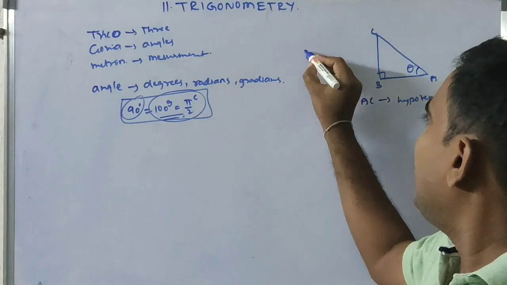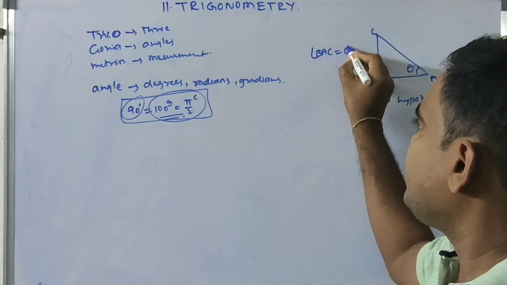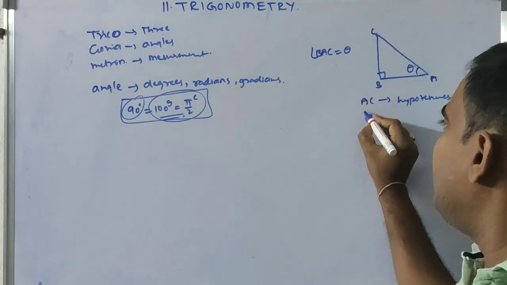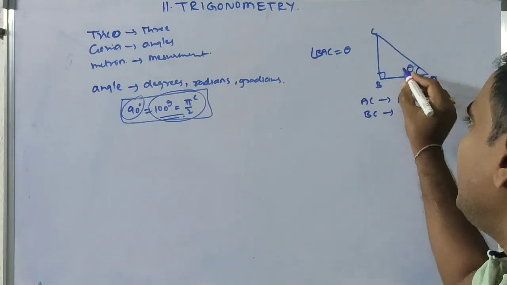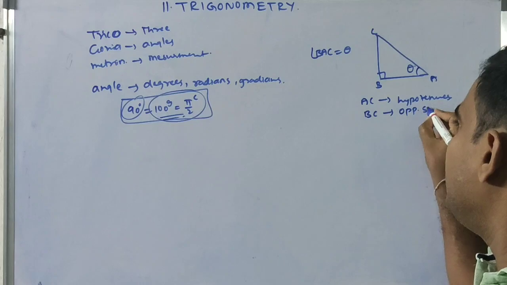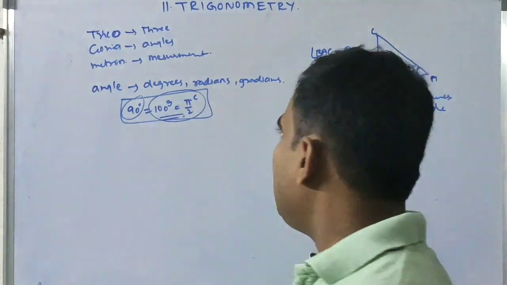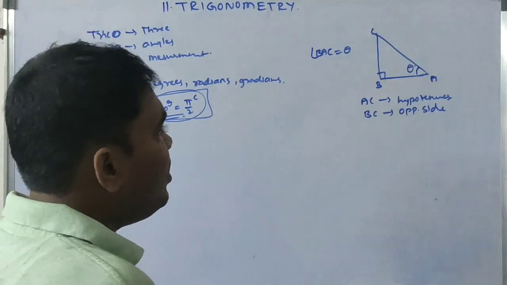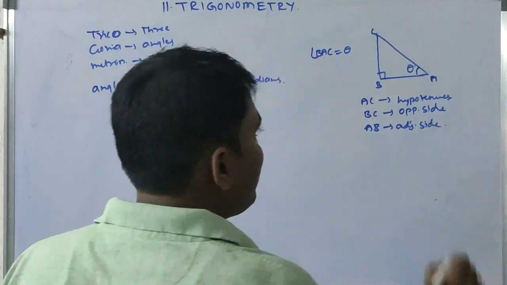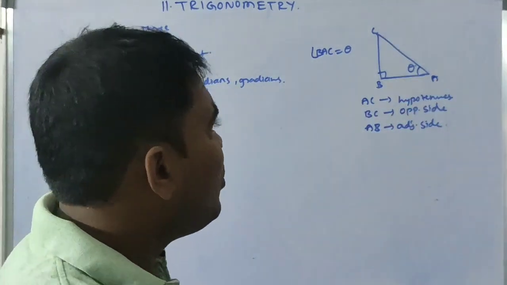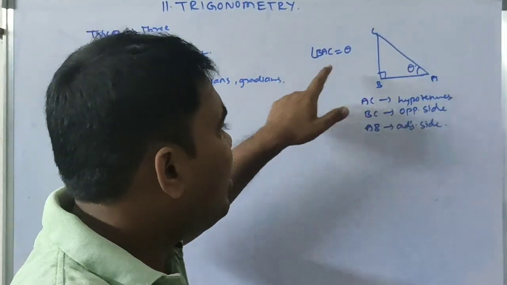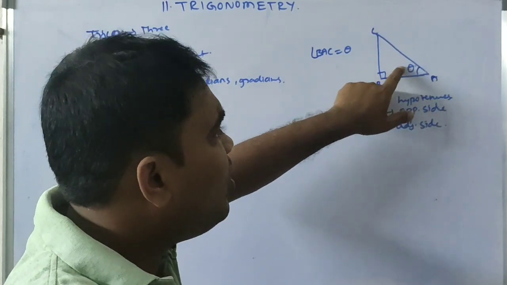Next, I am taking angle BAC equal to theta, according to angle A. According to angle A, BC is the side opposite to angle theta, so this is called the opposite side. And AB is the adjacent side to theta.